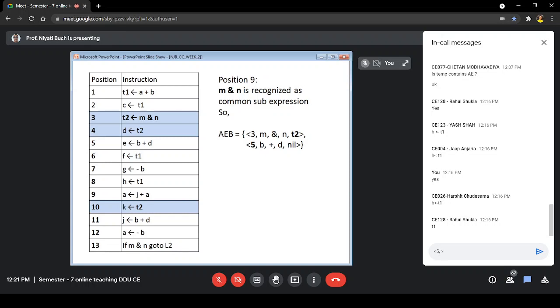Let me give you all some time, and then try to go for instruction number 11. B plus D is assigned to J, so just try to go for that, and tell me what different things will happen.